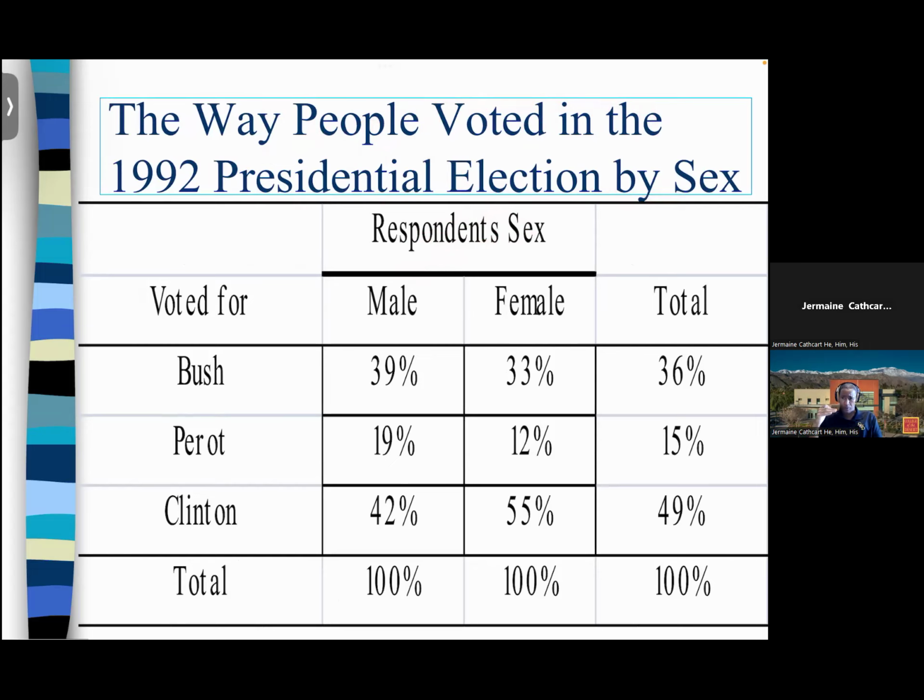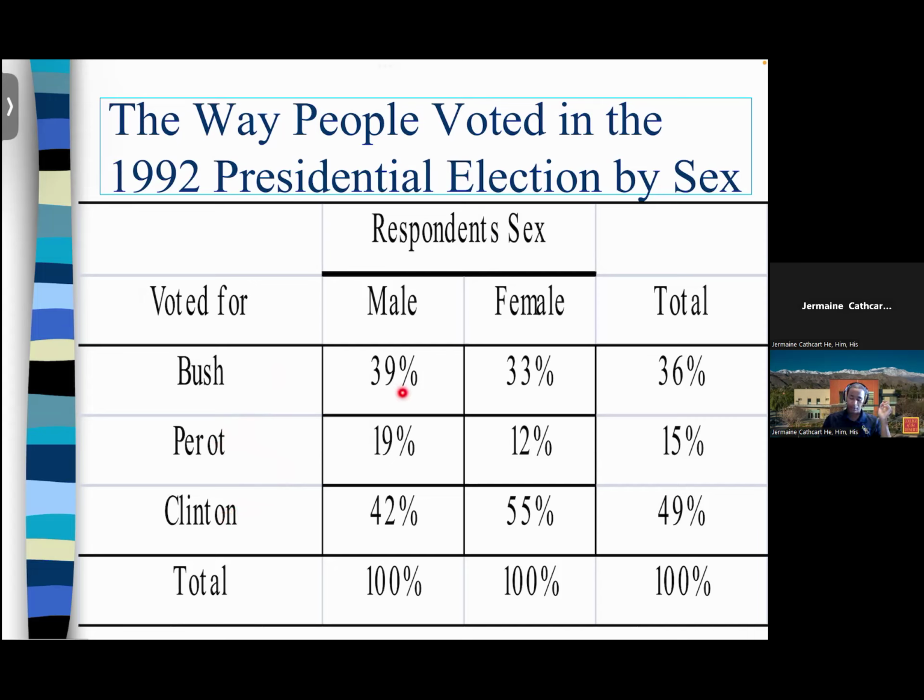So there are 3 major candidates. There's George Bush, the senior, not the one who was the president in 2000 to 2008. Ross Perot, a billionaire, and then Bill Clinton, who actually won that election.